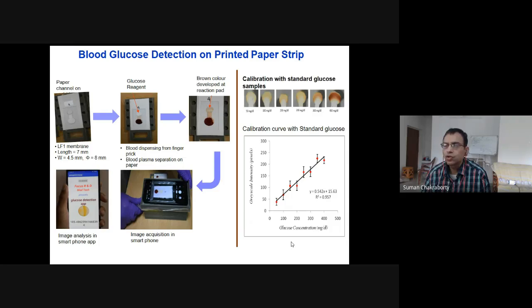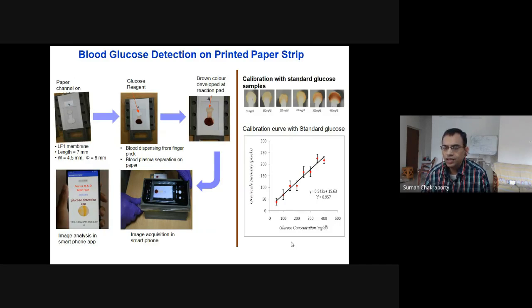There are several glucometers available in the market which do the similar work, but the challenge is either the cost per test is beyond the critical limit. Even if it is 30 rupees, 40 rupees, people in the rural scenario are not in a position to afford that kind of a test on a regular basis, because for many people that monitoring has to be done very frequently.